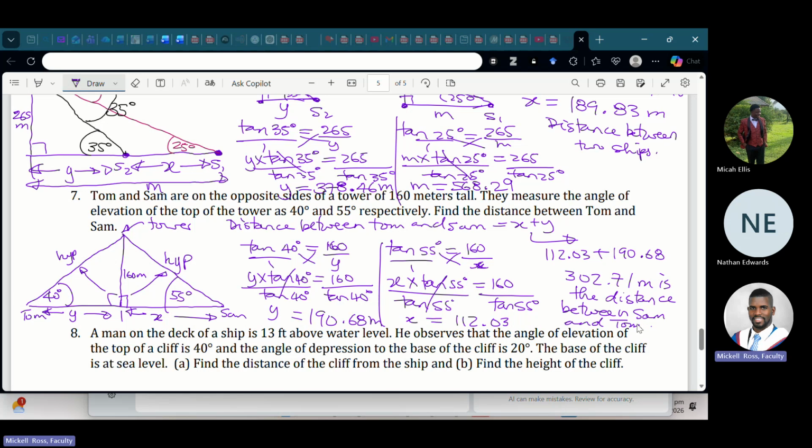So this would be the distance that is between them.